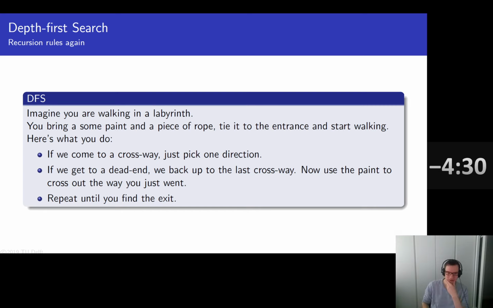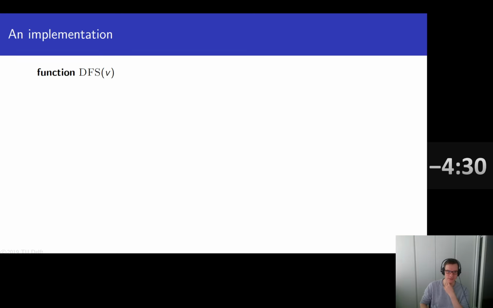That's great, but this doesn't really tell me yet how I can implement this in Python. So let's take a look at that. DFS. Now, DFS takes a certain vertex, V, to start from. It's our starting position. Now, what do we do? Well, we have a number of choices to make from this vertex, right?